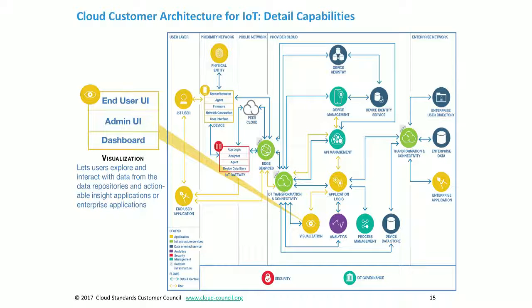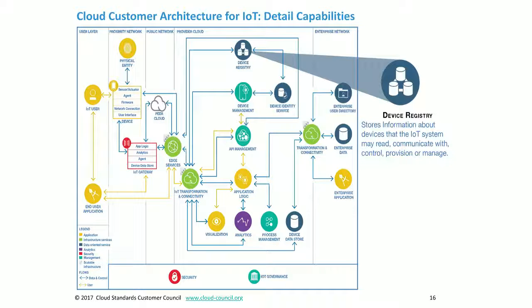And then you may have some levels of dashboards, for people in the lines of business who want to understand how many of my users are connected, how are they using the devices, and how many people have errors or problems with their device. So there'll be various levels of UI, and you need to think about that in terms of scale and the different personas that you're building this for.